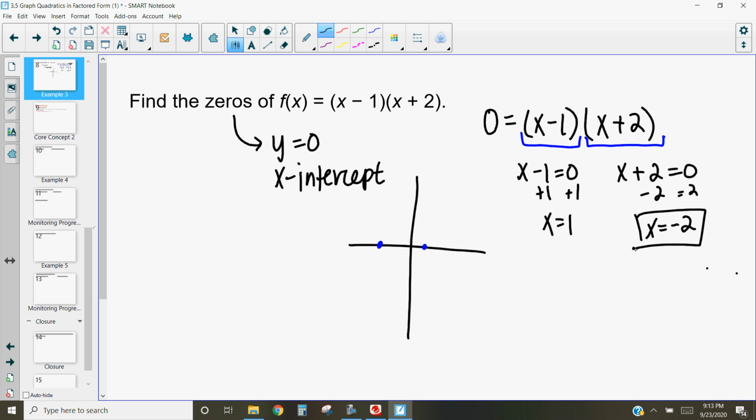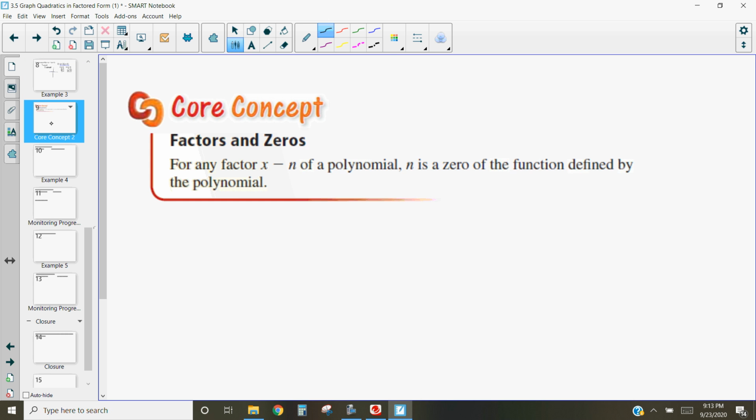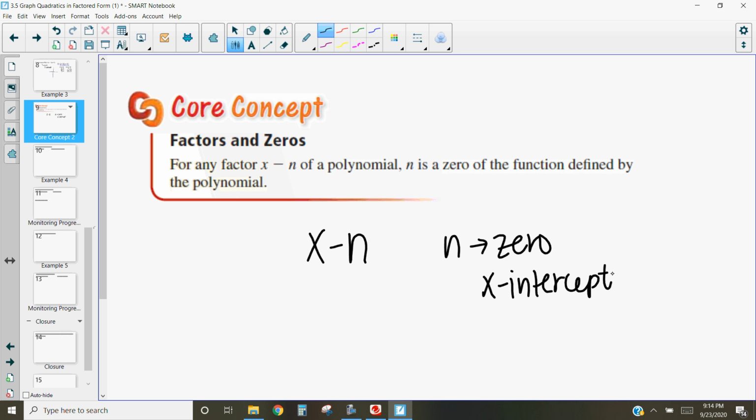Those are the 2 zeros. Those factors and zeros go hand in hand. For any factor x minus n, n is the zero of the function, and that n is super special because it is also our x-intercept.